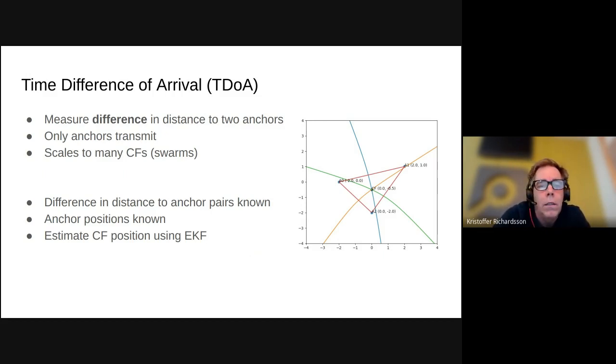In TDOA, the idea is to measure the difference in distance to two anchors. This is actually the way that GPS works as well.